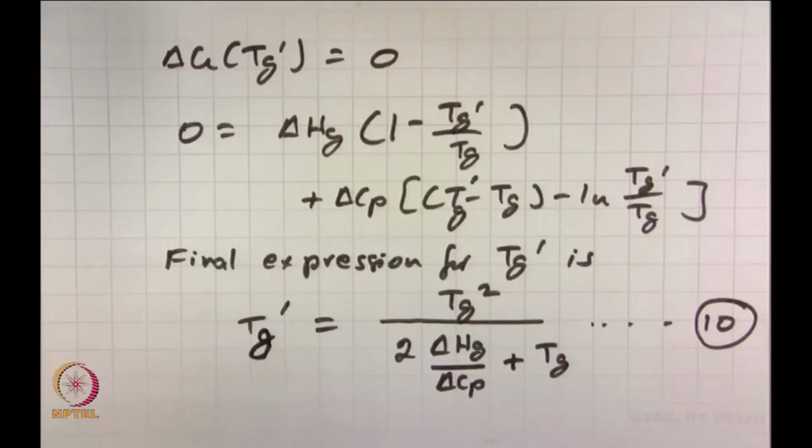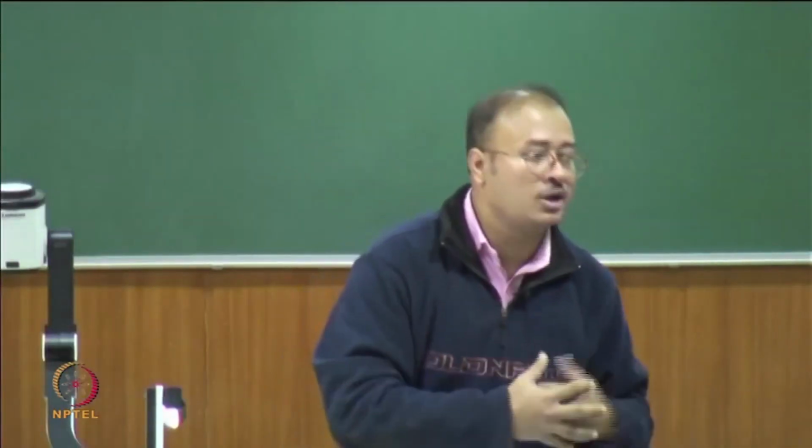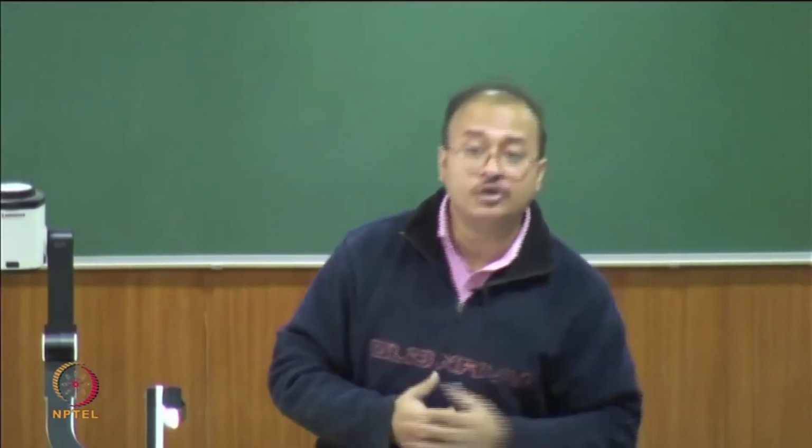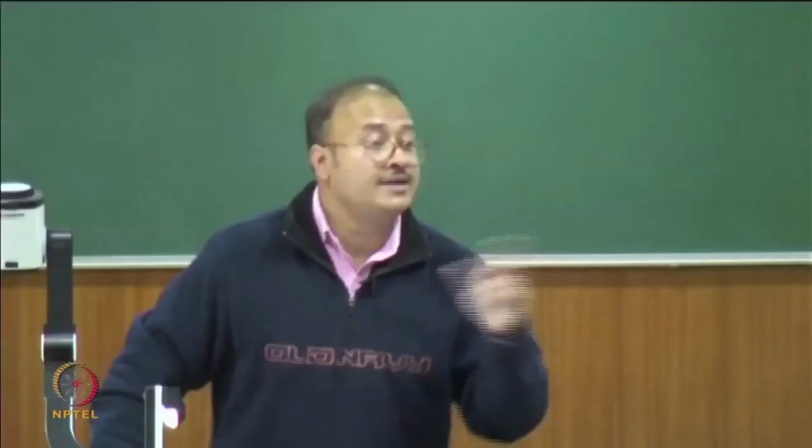Now, tell me, how can T g prime be increased based on this equation only? That means my T g prime is already very low. How can T g prime be increased, so that it comes more in the measurable range, kind of close to room temperature or even 5 degrees, 10 degrees? How can we do that? You look at the numerator. What does the numerator have? The numerator has this delta H g over delta C p, right. What happens if delta H g is small and delta C p is big?